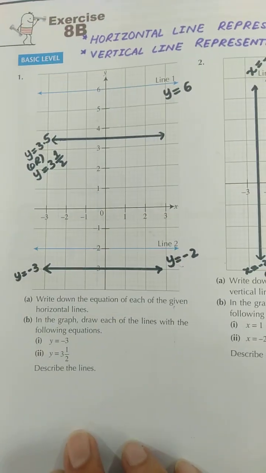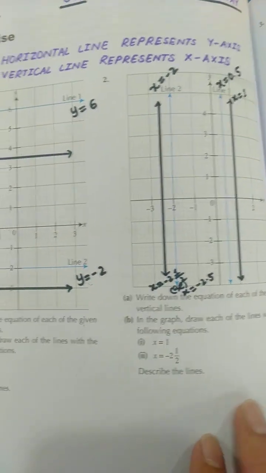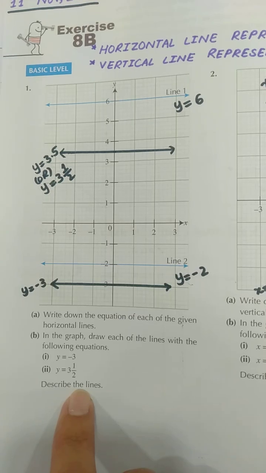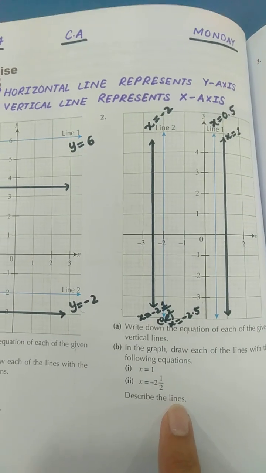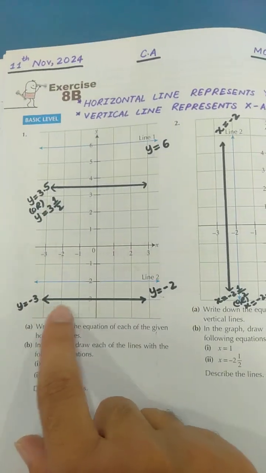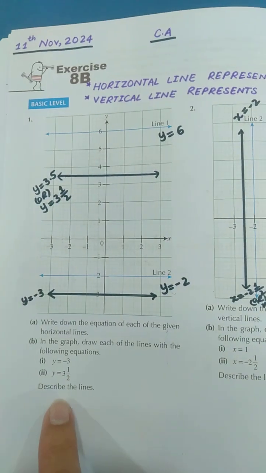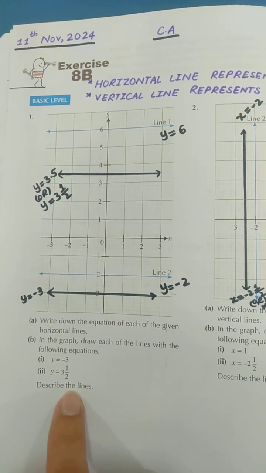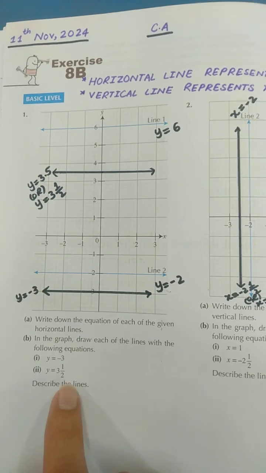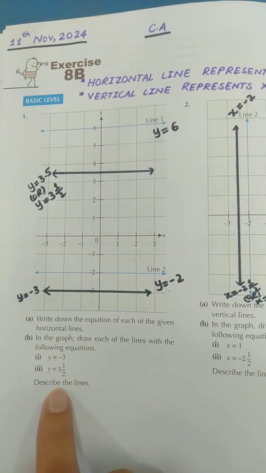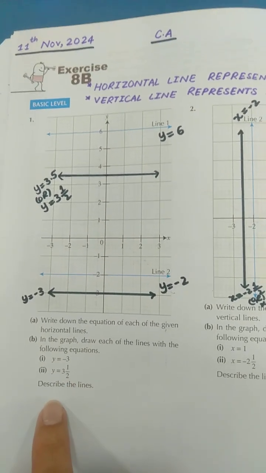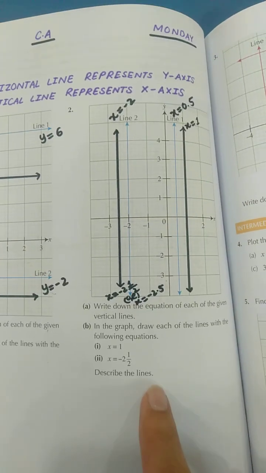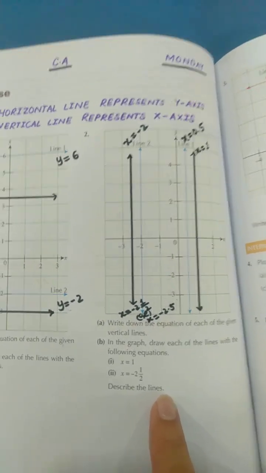Another question which is given in both question number 1 and question number 2 is to describe the lines. We can see that these are horizontal lines, so we only have to write the pattern here. In the description of the lines we have to write that the lines are horizontal, and in this place we have to write that the lines are vertical.